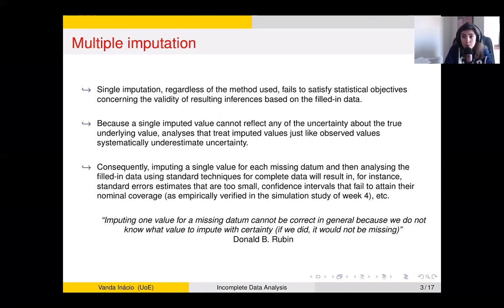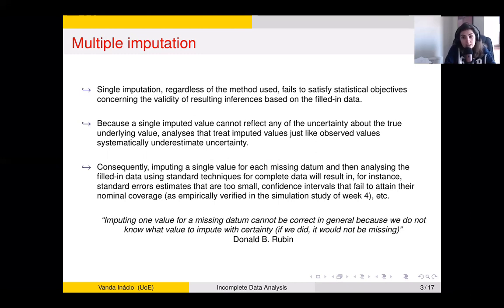And basically, and we have talked about this, when we have a missing value and we are replacing it by a single imputed value, we are somehow pretending that we are certain about such value, right? We just replace the NA, say, in our data set by an observed value, and then we go ahead with our analysis, and it seems that I had a missing value, I have replaced it, and now everything is fine. And we know it is not.